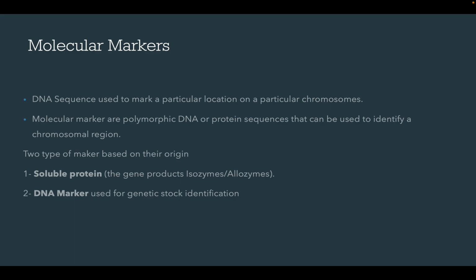And there are two types of marker. One is the gene products: suppose we know a gene and we are looking at its product, whether it's acting as an enzyme, allozyme, so we are looking at the protein. The other one is the DNA marker, which is used for genetic stock identification, like the transfer of characters, the hereditary. It's basically the DNA marker which is used.